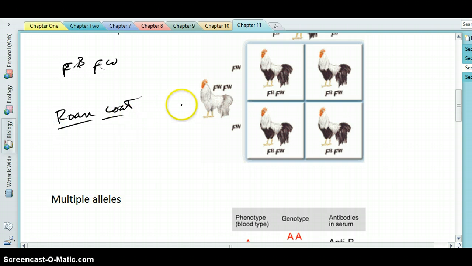It's another example of codominance where the horses have basically brown, reddish brown hairs and white hairs. And in the heterozygotes, what are they? They're basically horses that have both brown hairs and white hairs. It's not some intermediate look. It's brown hairs and white hairs mixed throughout the horse. So that's codominance.